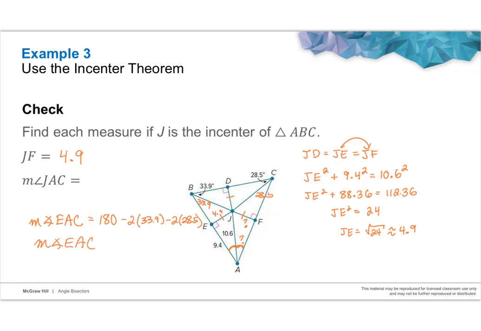Third angle of our triangle ABC at the vertex of A comes out to be 55.2.